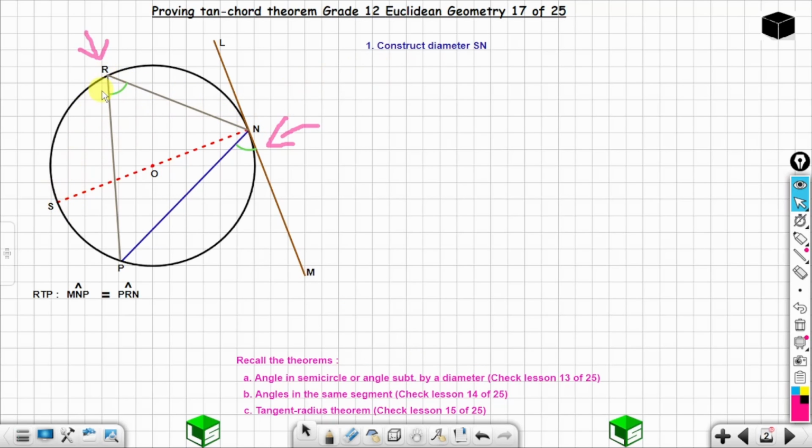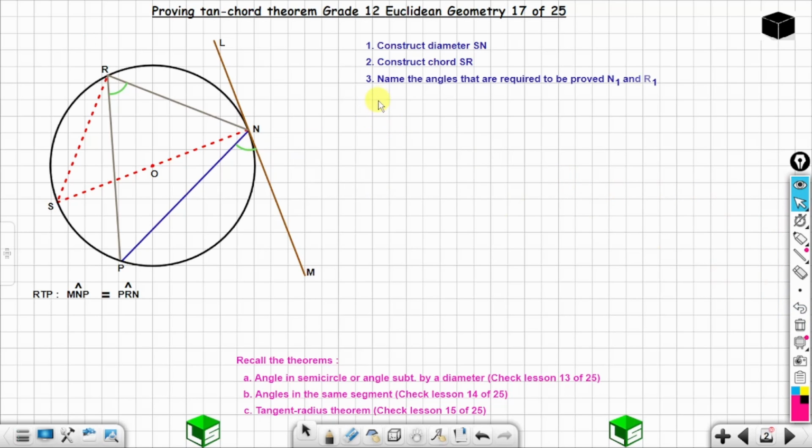So you can construct chord SR. Now can you see this angle is equal to 90 degrees, because it is an angle subtended by a diameter. You have diameter SN.